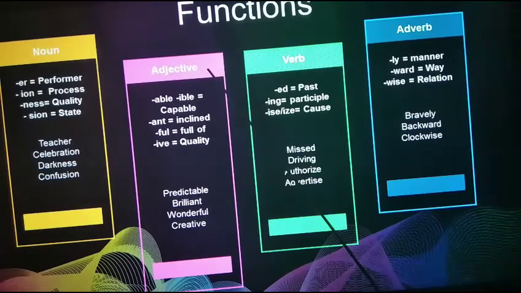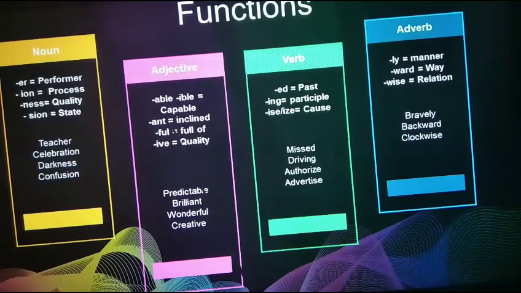Then we have the suffixes as adjectives. The suffixes able and ible, they are spelled differently, but they both mean that someone is capable of doing something. We have the suffix ive that indicates that someone is inclined to.